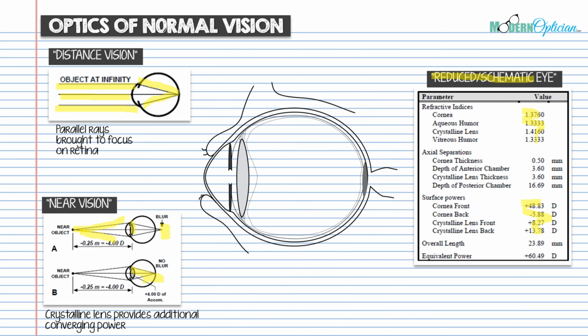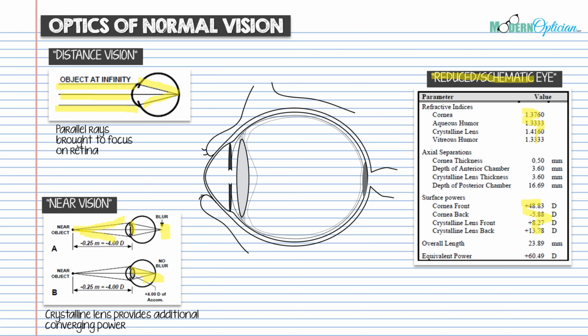So why don't we demonstrate this with the eye diagram. We know that the major refractive components of the eye are the cornea and the crystalline lens. It's also important to realize that the aqueous humor and the vitreous body all have refractive indices that also contribute to light.